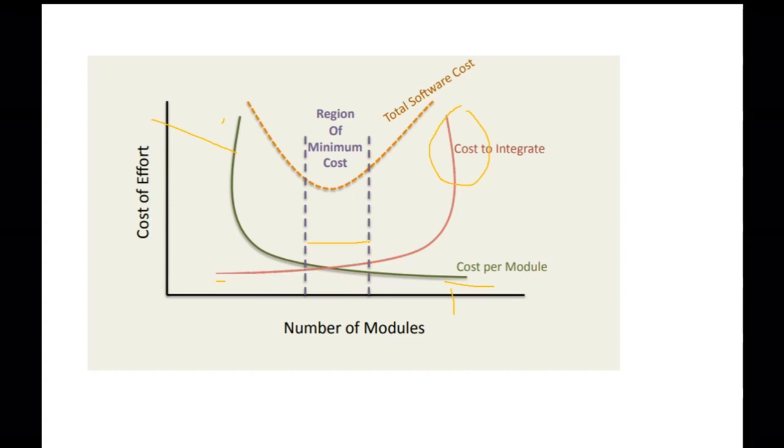Also, the total cost of the software would be minimum in this range. If we go a little left or a little right of the blue line, that would be okay. But if you go very far off the blue line, that would lead to a high cost of the software.